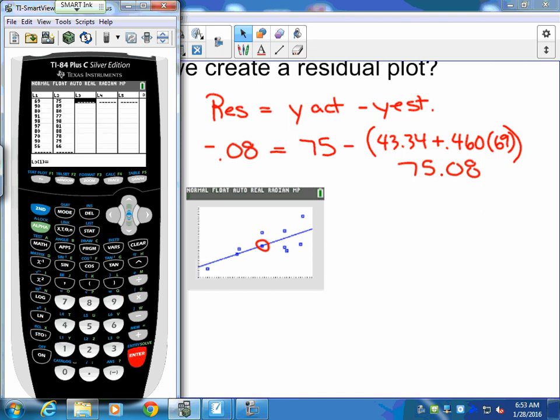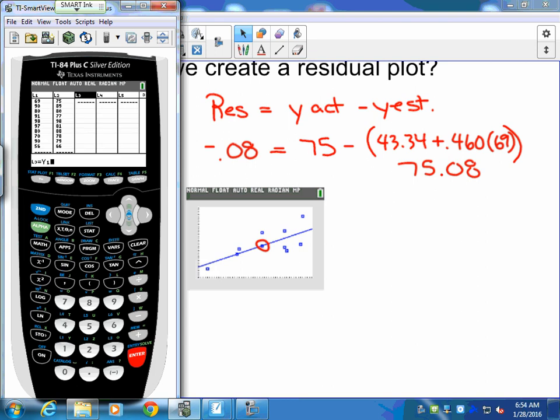Now that we have the line in, we want to go back to Stat Edit, and we're going to put in a new list 3. This list 3 is going to be our estimation values. So we highlight list 3 and hit enter, go to our variables button, Y variables, function, Y1.